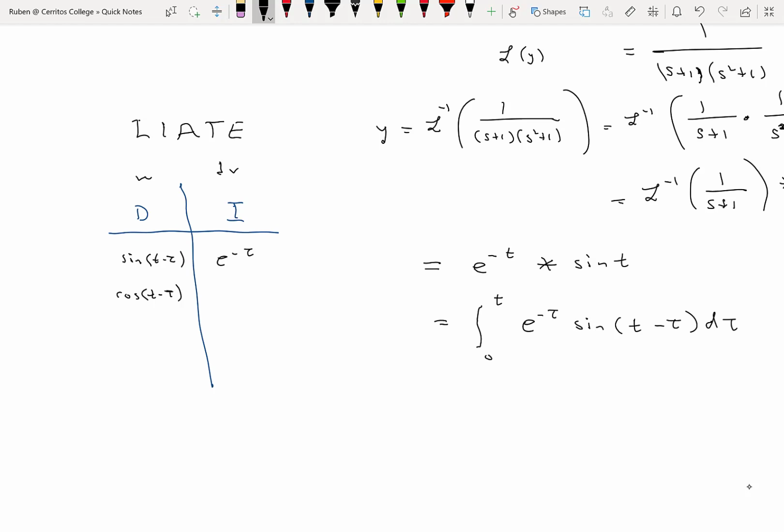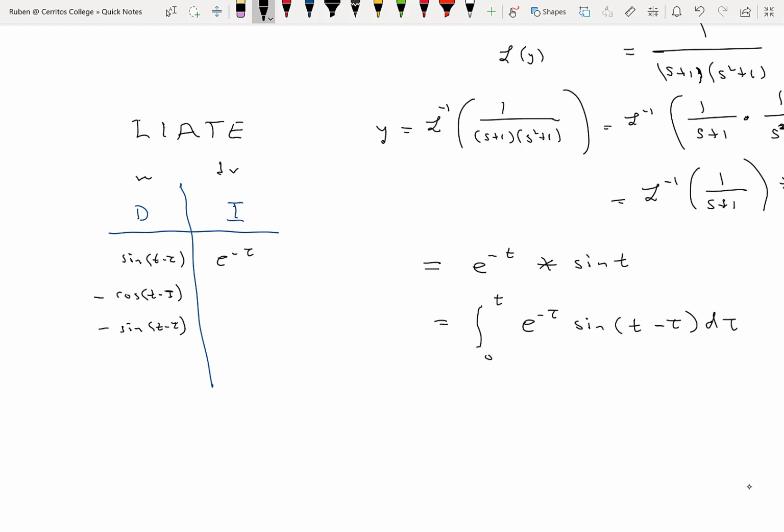Chain rule gives us an extra negative, though, because the derivative of negative tau is -1. The derivative of cosine would be negative sine, but there's a negative there already in negative cosine. So the derivative of cosine would be sine of t minus tau. The chain rule, though, says we have to take the derivative of the inside. The derivative of negative tau again with respect to tau is -1.